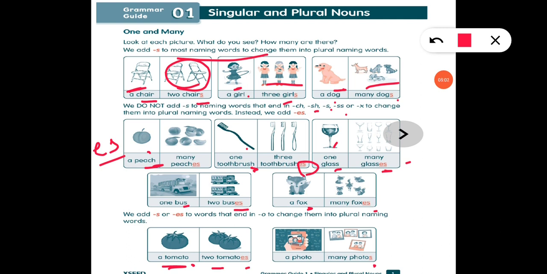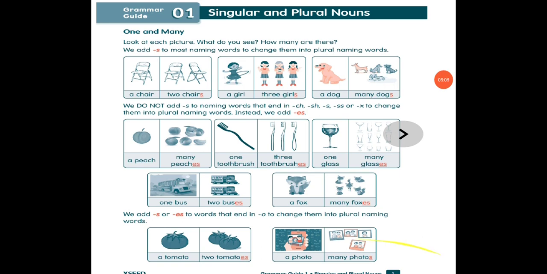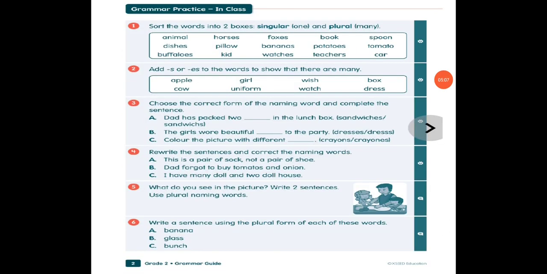Now let's do our worksheet. Please take out your page number 2. Let's start this worksheet. There is question 1. Sort the words into two boxes, singular one and plural many. You have to do this question in your notebook.